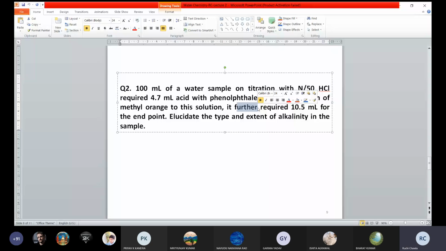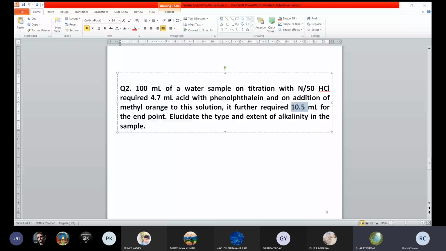So if you know the values of V1 and V2, can you predict which type of alkalinity it is? Carbonate and bicarbonate? Hydroxide and bicarbonate? Whatever answer you are giving, you have to support it with a reason.